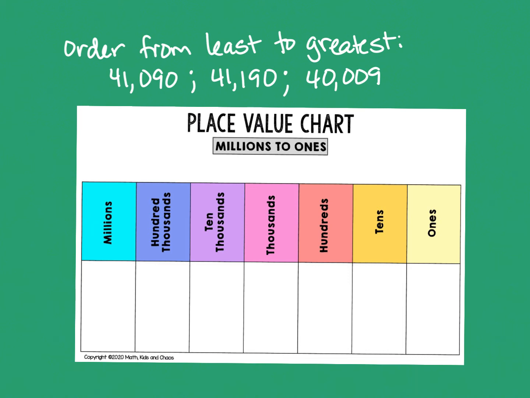So again, you might start not using the chart and look for the smallest one. The chart might be easier for a while when you're dealing with more than two numbers though. But I would notice right away, if I weren't using the chart, these all have 4. They're all in the 10,000s place. This has a 1 and this has a 1 in the thousands place, but this has a 0. So right away I notice, because I've practiced and used the chart enough to recognize that 0 is the smallest.